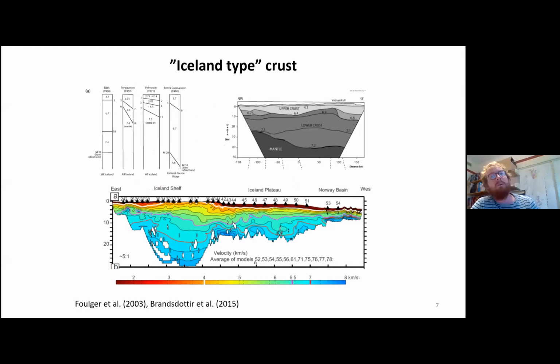It has quite thick crust, and a large part of it is high velocity lower crust of not really known composition. So this is very odd, and that's why the expression Iceland type crust has been developed, because it is not really continental, it is not really oceanic, it is something else. And we're trying to find out what it could be, of course.